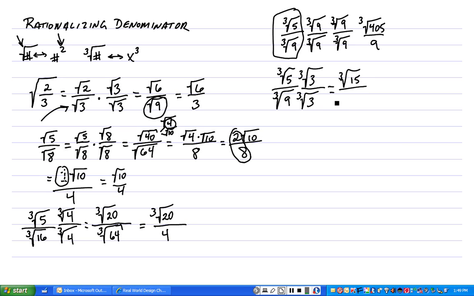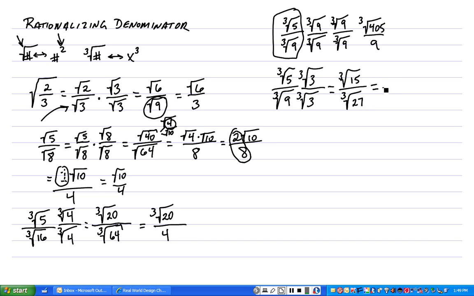Alright, and here I end up with, what is that, 27 cube root of 27. Okay, so now 27 is a perfect cube.